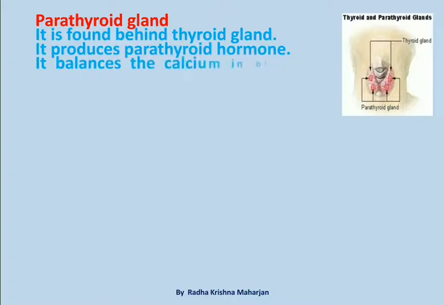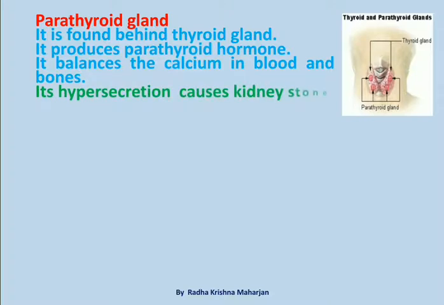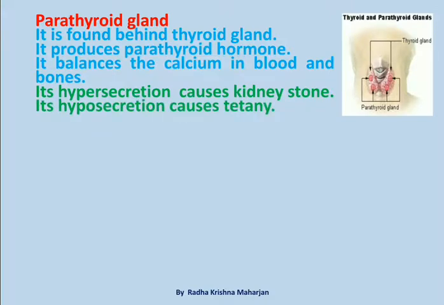It balances the calcium in blood and bones. Its hypersecretion causes kidney stone. Its hyposecretion causes tetany. Tetany means twitching of muscles.